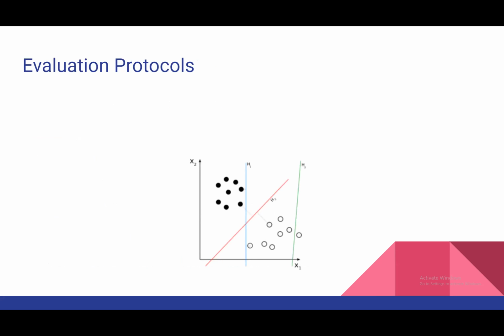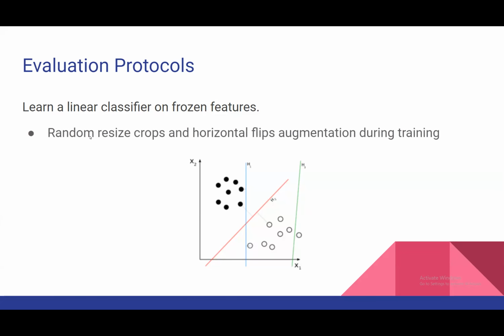Okay, so now how do we evaluate the model? We're learning some set of features, and we want to see if they're good, if we're categorizing them well, and so on. One way this has been done in the past is by learning a linear classifier on frozen features. This is a common way to check your feature space. Commonly, we perform data augmentation that includes random resized crops and horizontal flips.